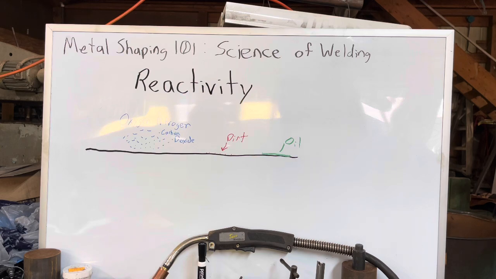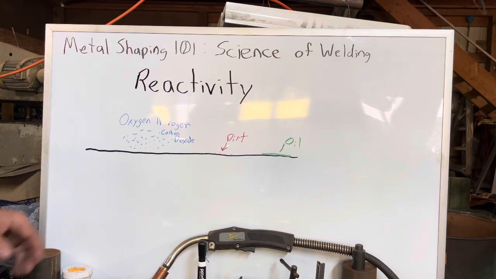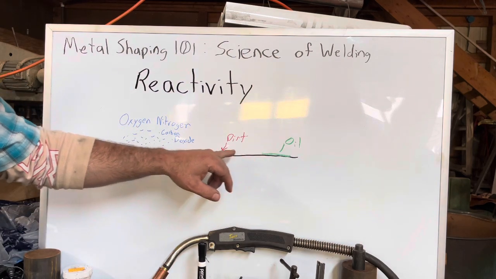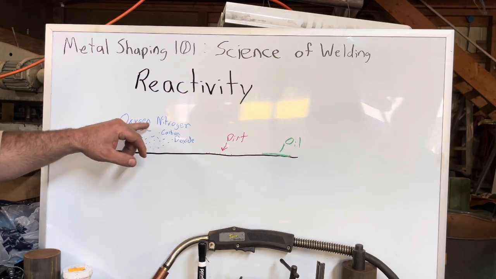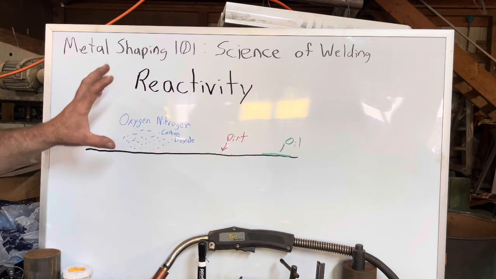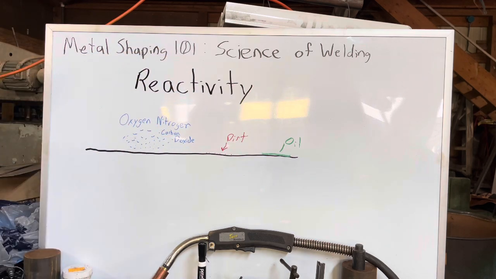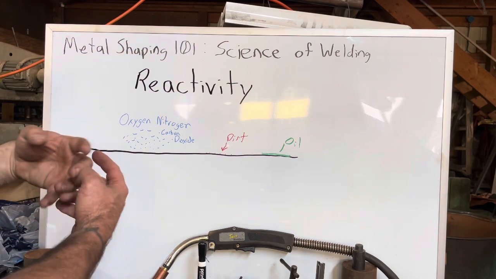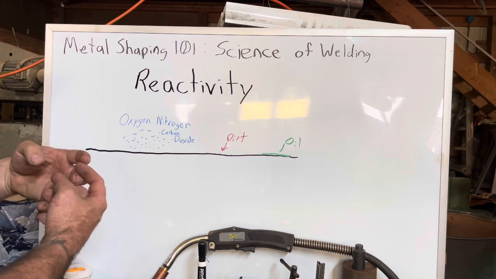Another important thing to talk about when the material is in the liquid state is its reactivity. It becomes more reactive as it goes into the liquid state. So things like a film of oil or dirt or oxygen, nitrogen, carbon dioxide, all these things that are in our atmosphere, can mix and become a part of that puddle.